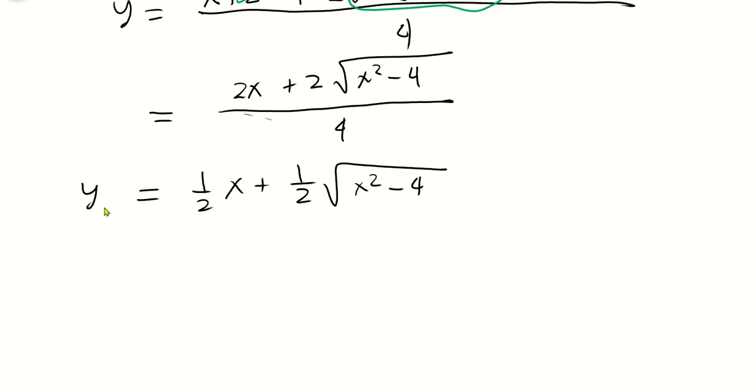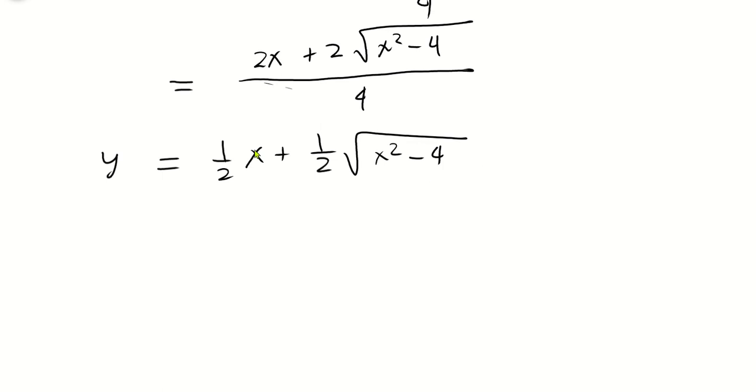So we can take the derivative separately for the first term and the second term. The derivative of 1 half x is just 1 half, but the derivative of 1 half the square root of x squared minus 4 is different. So what's the derivative of that? Here we can let f of x be equal to x squared minus 4, because this is the same as raised to 1 half.